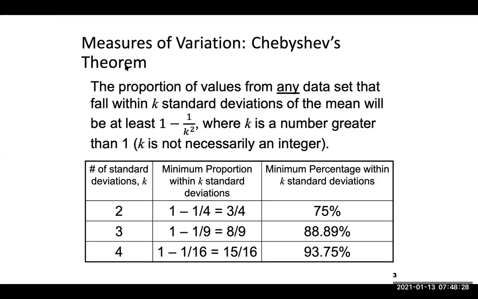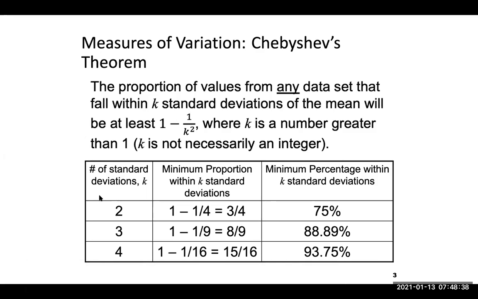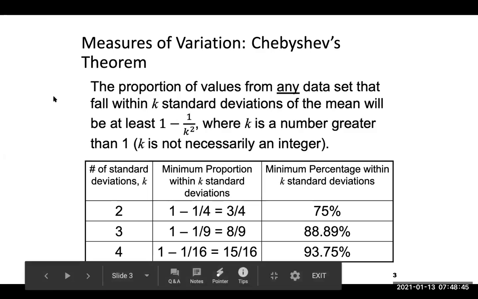So what that means in regular language, and this is what this chart down here tells us, is if I want to know what percentage of my data is within 2 standard deviations.